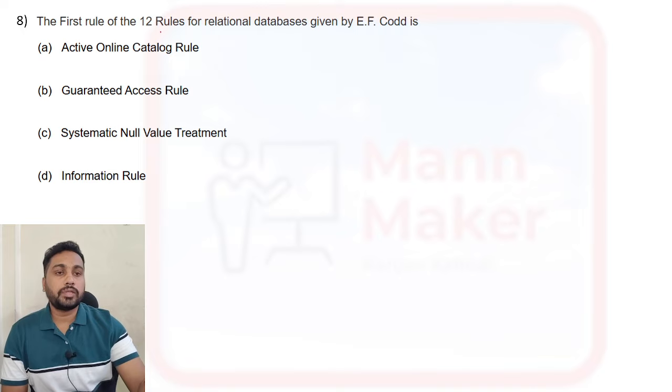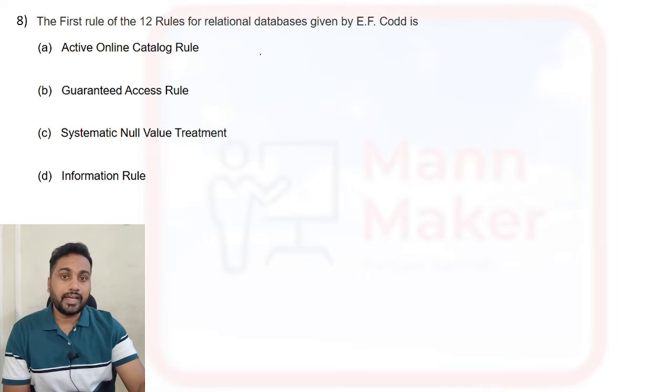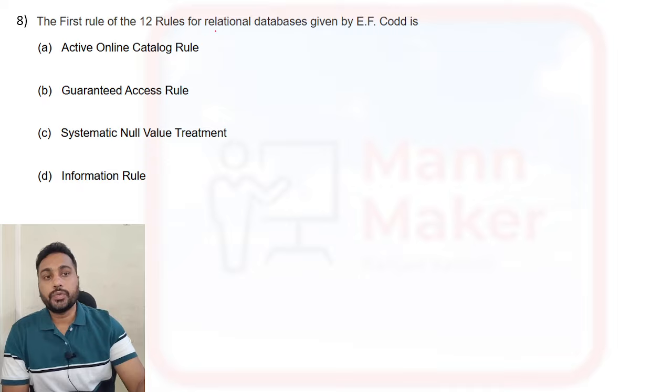What is the first rule of the 12 rules for relational database given by EF Codd? EF Codd, an English scientist, made 12 rules for relational database management.